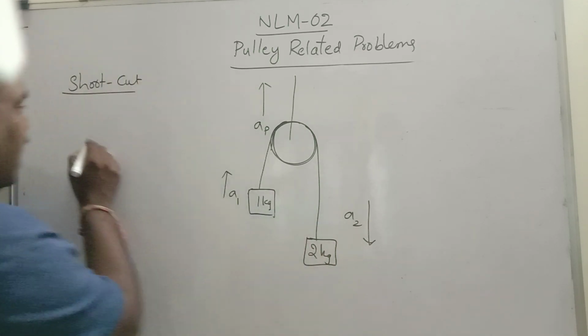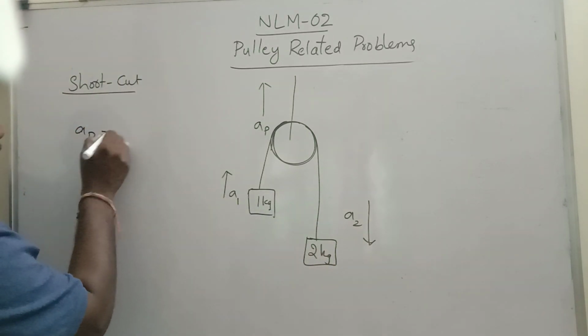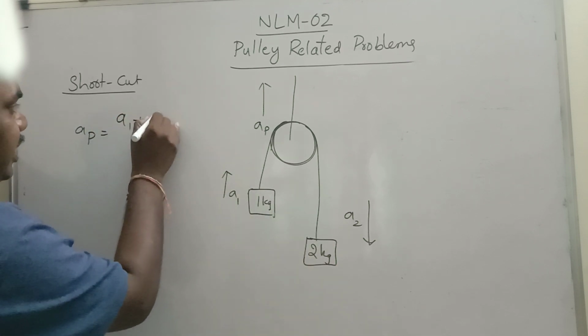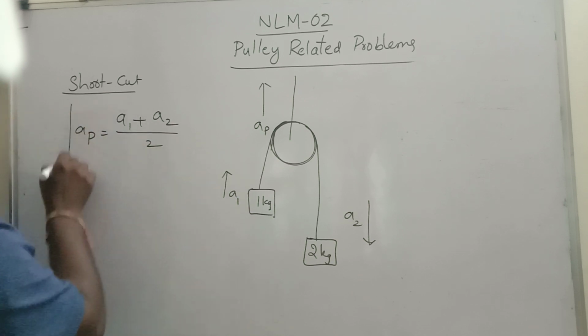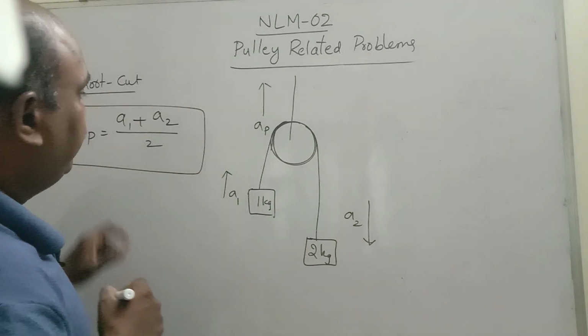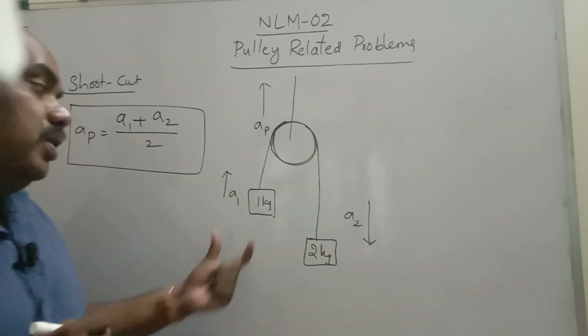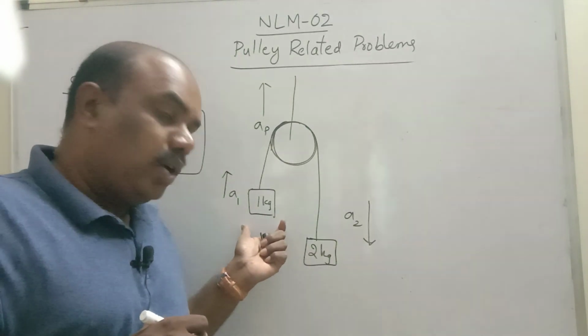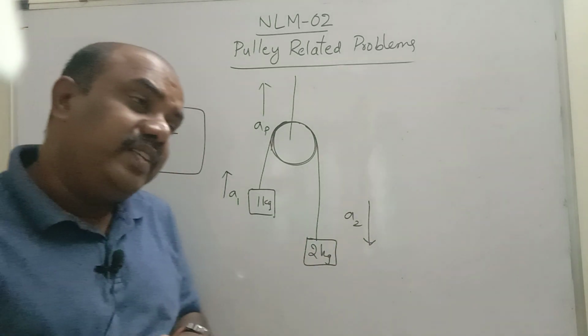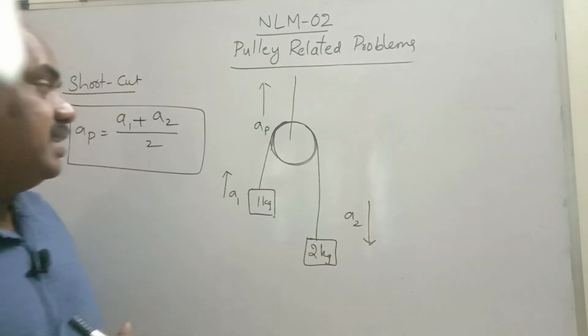Observe, children. The acceleration of the pulley is equal to the average of these two accelerations, (A1 plus A2) by 2. This is the formula to find the acceleration of the movable pulley: the acceleration of the first body plus the acceleration of the second body, divided by 2. Sir, then which acceleration is positive and which is negative?